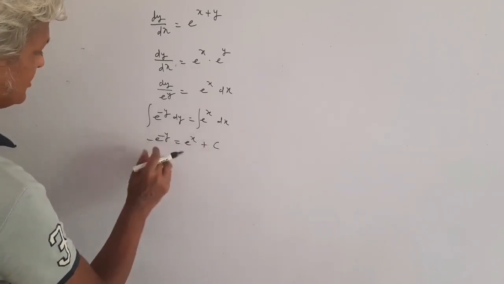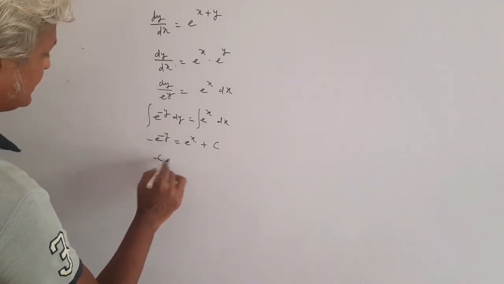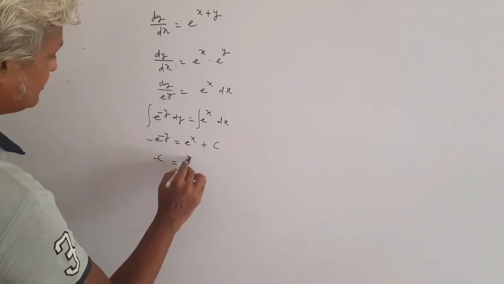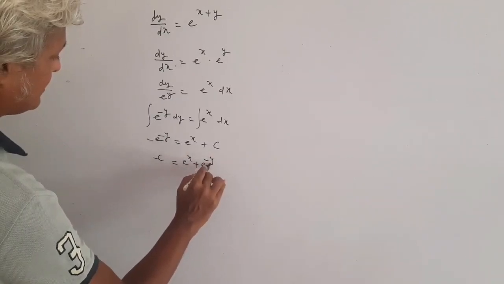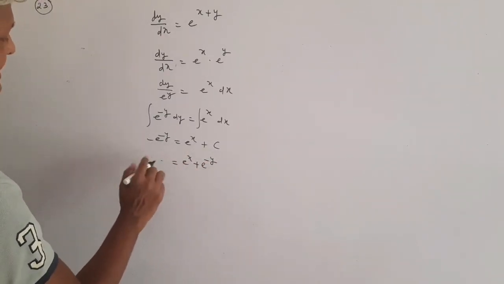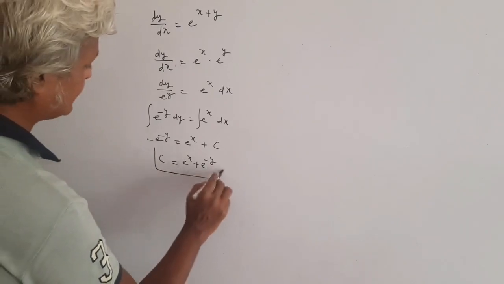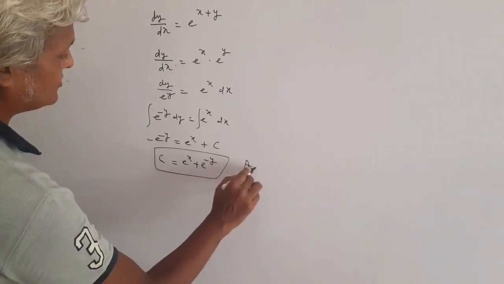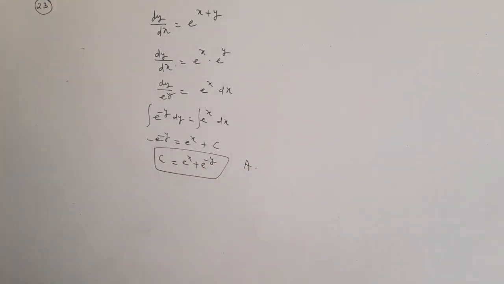Then this comes on this side, becomes minus c, and e to the power x plus e to the power minus y. Now minus c and c dash are the same thing because constants are irrespective of the sign. Therefore option A is the correct answer.